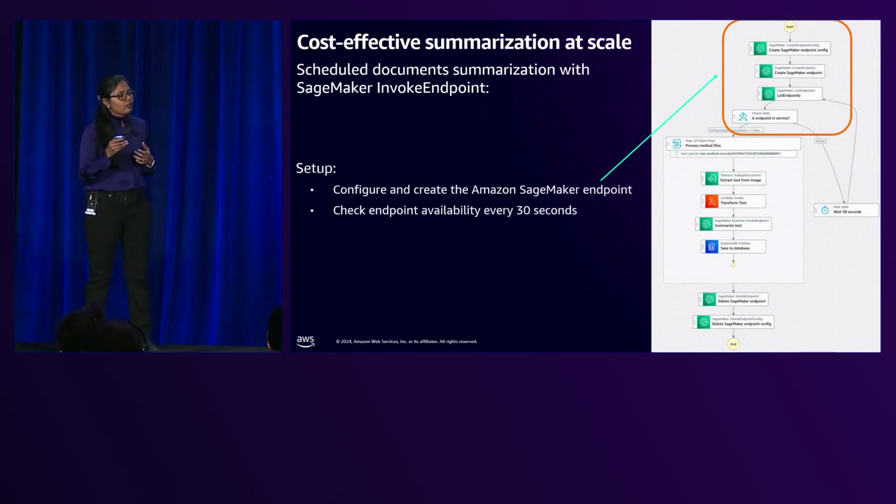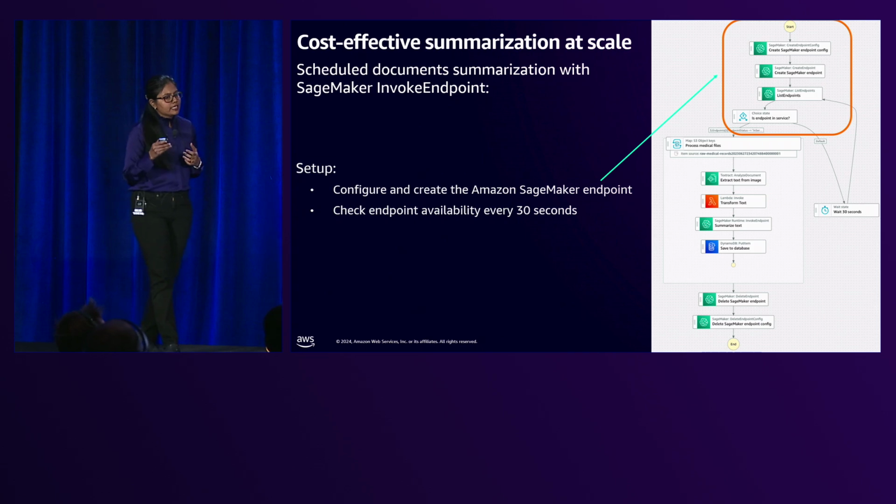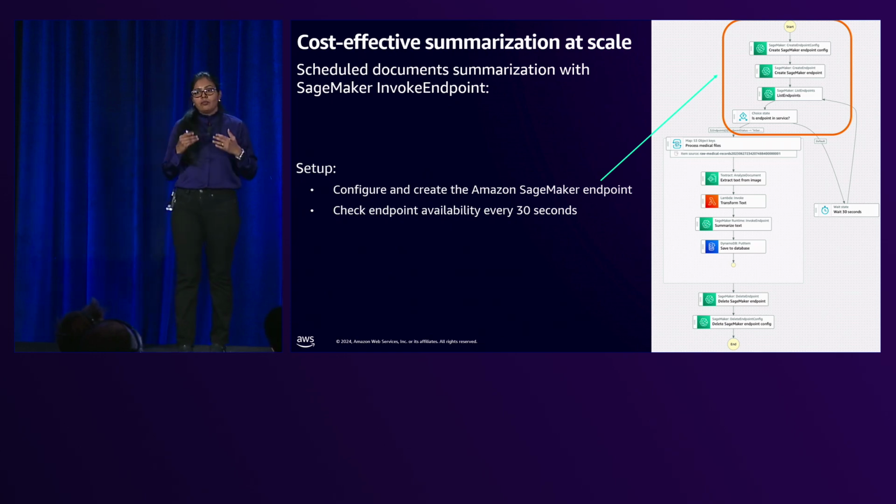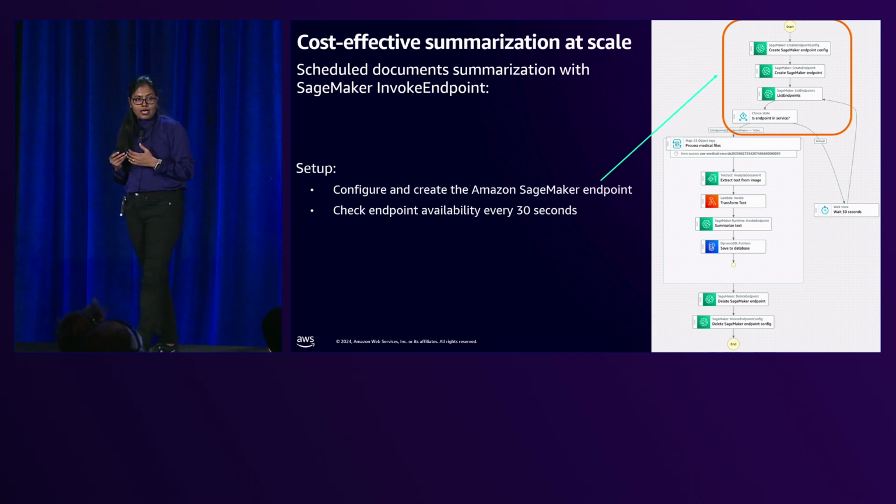Let's say your model is deployed in SageMaker, and you're using Step Functions for building that summarization. All you have to do is add a couple of steps, a pre-processing and a post-processing. In the pre-processing, you make sure the SageMaker model endpoint comes up alive. You will wait until that endpoint comes live.